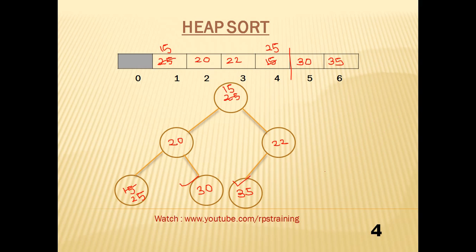Again heapify from top to bottom. Now this is also an eliminated item, so the last level will be eliminated here. Consider this one only: 15, 20 and 22. 22 is greater, so these two elements will be interchanged. 15, it will be 22 and it will be 15.